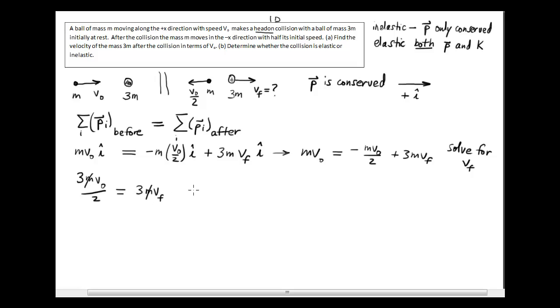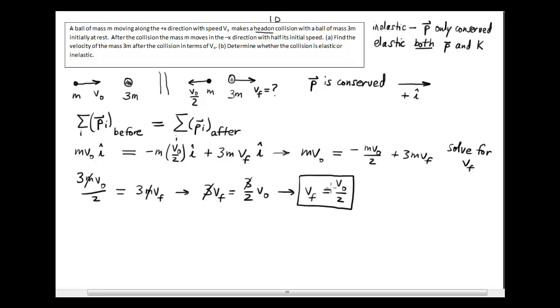And so I'm left with, from this, 3vf equals 3 halves v0. And if I divide both sides by 3, I get the final answer that vf is equal to v0 over 2. And the fact that the answer I got is positive means that it's in the direction that was drawn on the sketch.